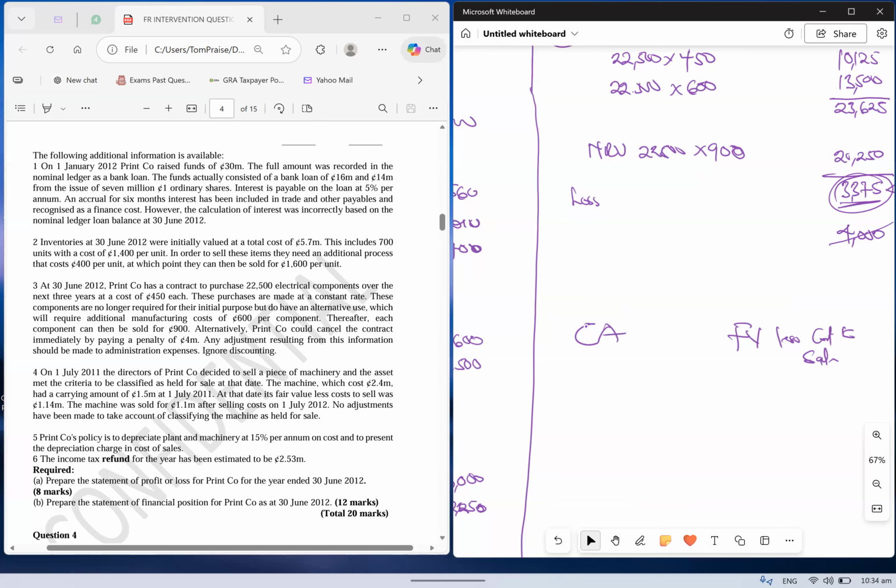All right. And anytime the lower is the fair value less cost to sell, it means there is impairment also. Because if you have learned impairment, impairment is when the carrying amount is greater than the recoverable amount. And recoverable amount is the greater of value in use and fair value less cost to sell.